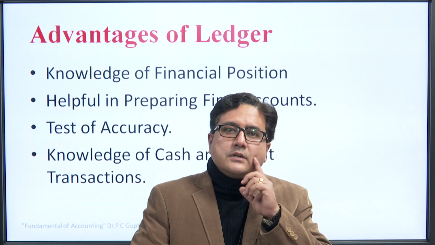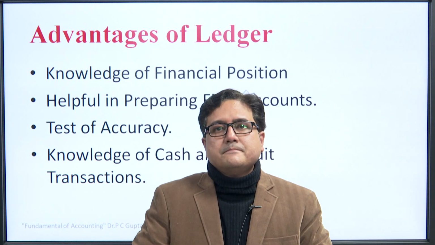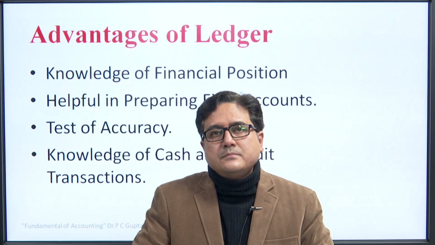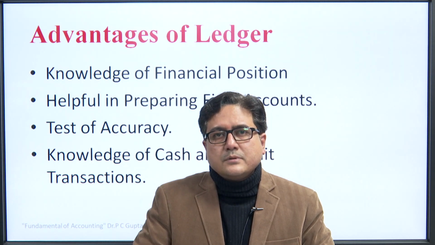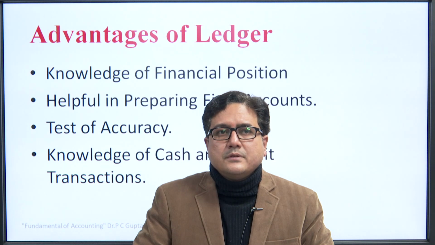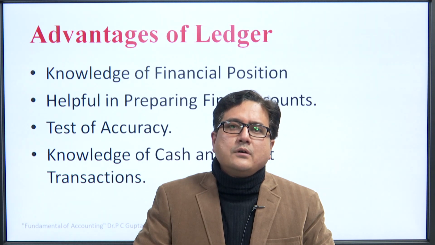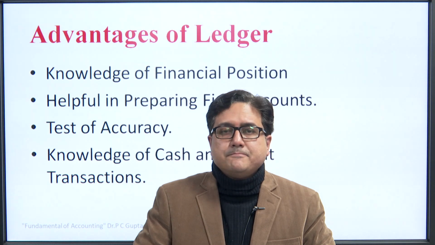Friends, ledger also helps us to test the accuracy. How? In journal entry we are not able to find out the position of the company, but by ledger we can find out how accurately we are working, like the balance of debtors.